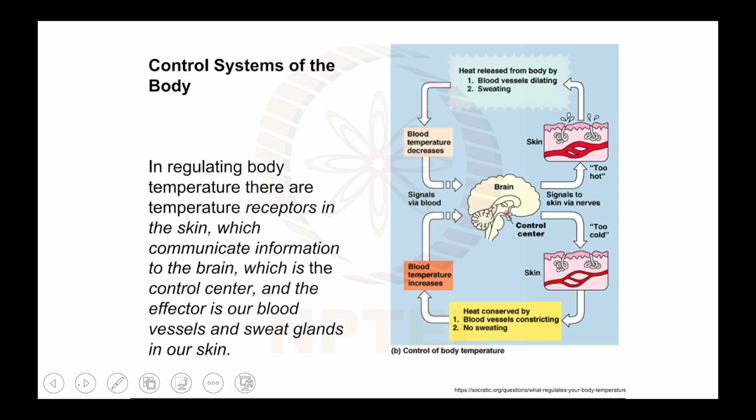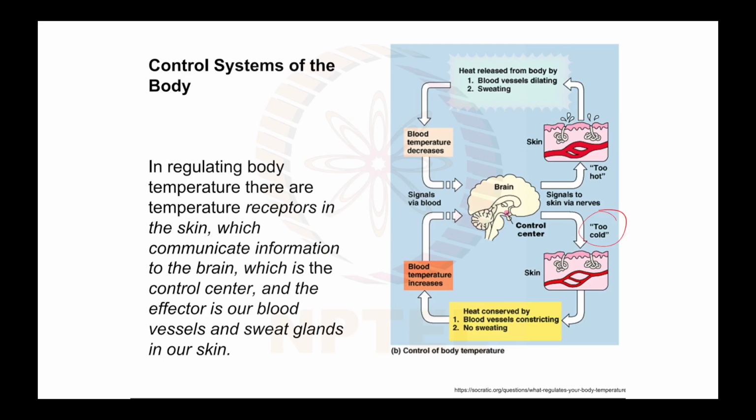Okay. So, regarding other control systems or homeostatic mechanisms, we can also understand them through the temperature maintenance of the body. Here the brain is the control center. So what happens when there is a condition? Suppose your body is feeling too cold, and the outside environment is cold.